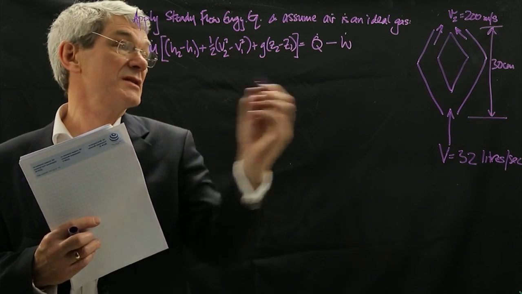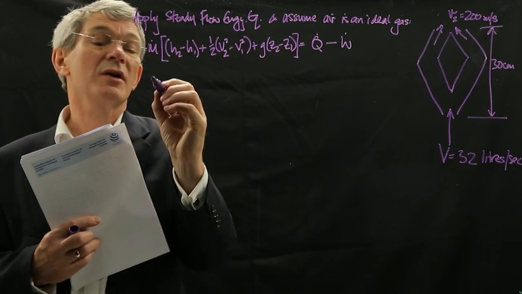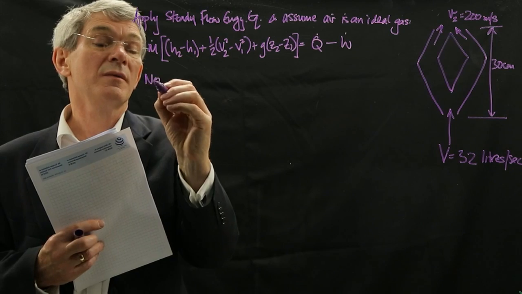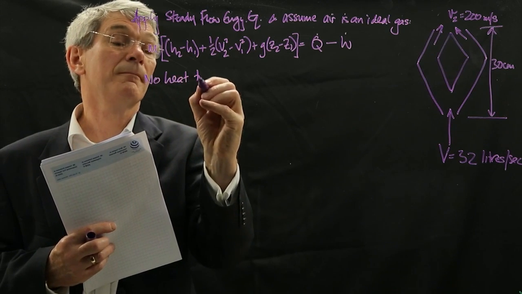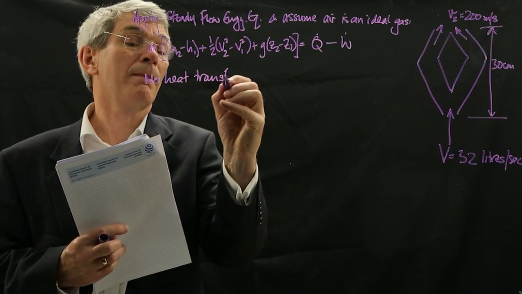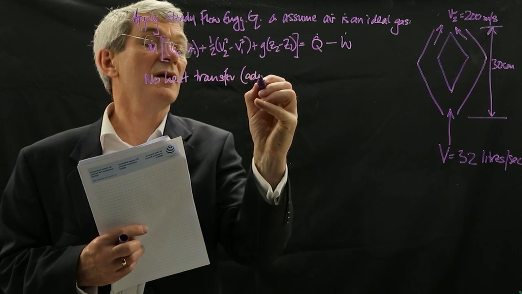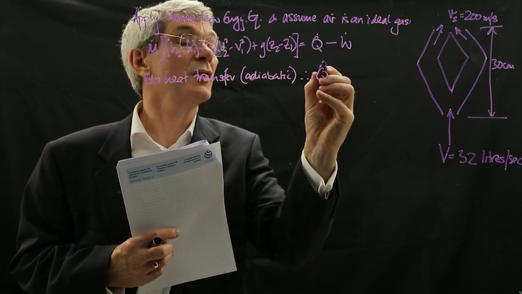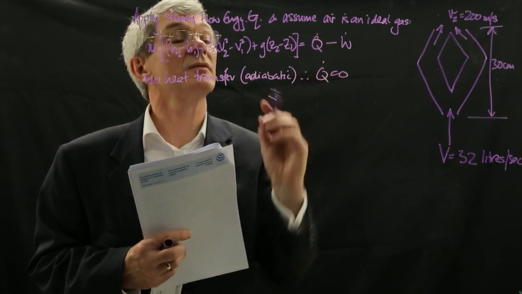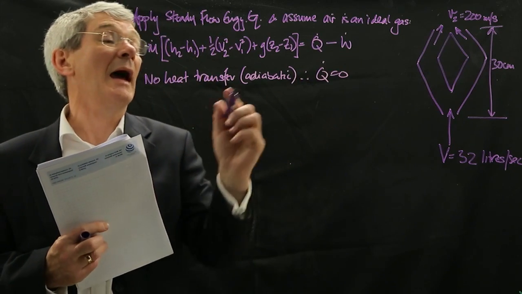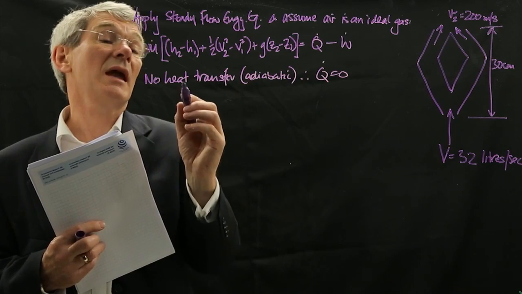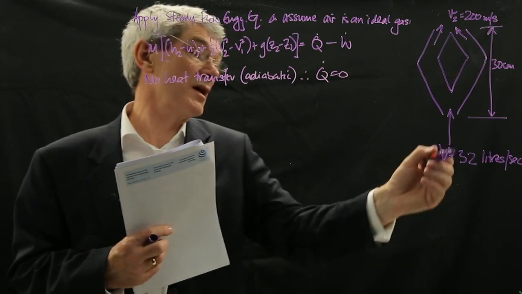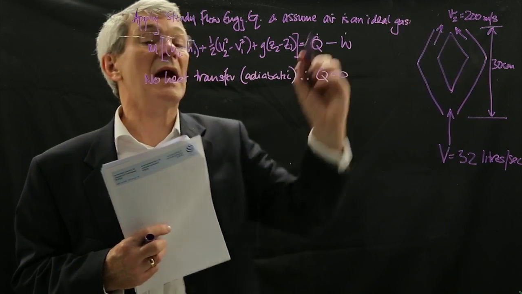And we can say that this is adiabatic, there's no heat transfer going on, so no heat transfer (adiabatic), therefore Q dot equals 0. So that removes that term. And if we look at these terms here, then the air is coming in at room temperature and it's going out at room temperature.